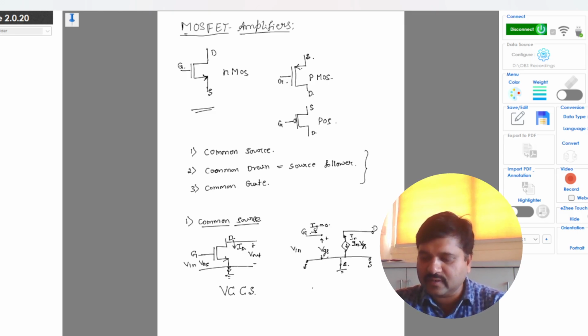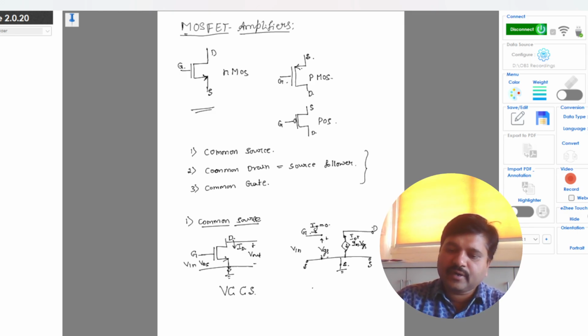The output current ID is controlled by the input, as we discussed in the previous video lecture pertaining to the saturation current equation. Now coming to the common source amplifier circuit.